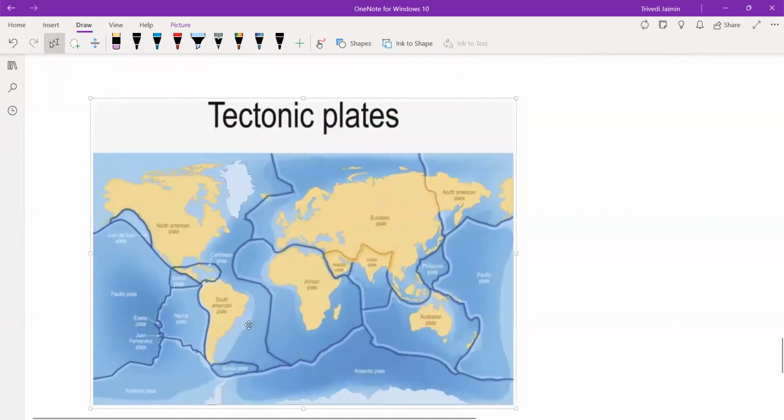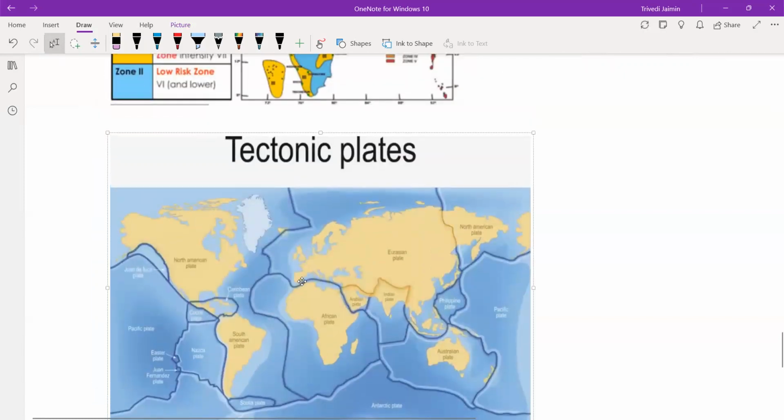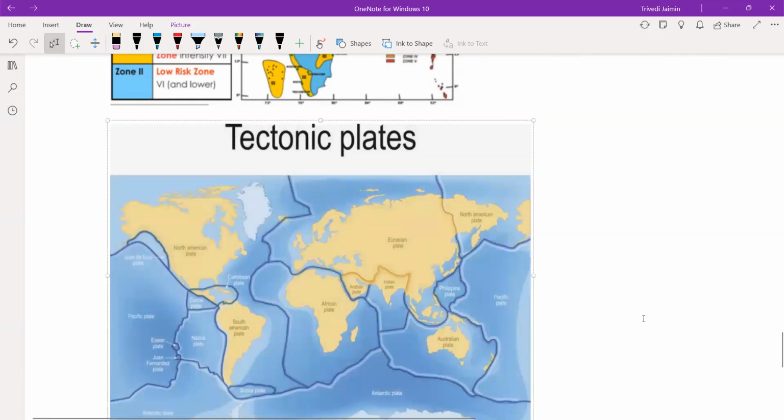Sir, they're very large. Yeah, obviously it should be. Compared to that, India is just a small country. No, sir, what I meant to say is that India has a tectonic plate, like one tectonic plate covering the whole of India.